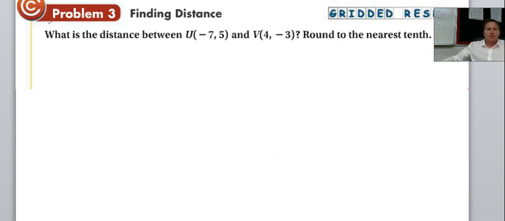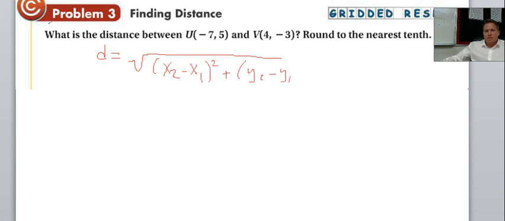So we're going to say that distance equals the square root of x2 minus x1, squared, plus y2 minus y1, squared, and this is all underneath the square root.